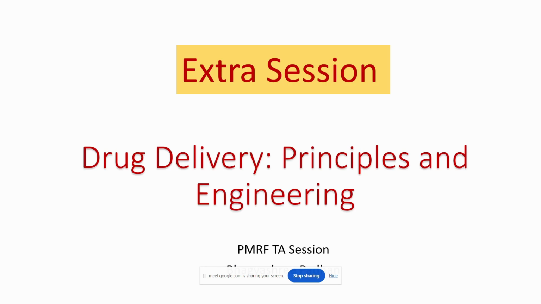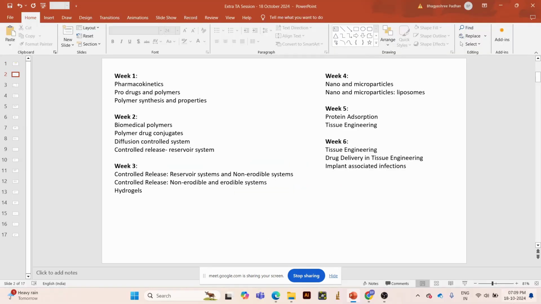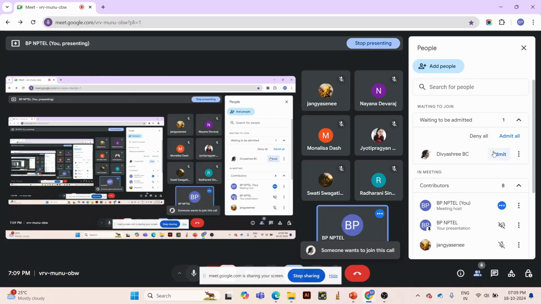Hello everyone. This is the final extra session for drug delivery principles and engineering. Throughout the course, these were the topics covered in the first week: pharmacokinetics, prodrugs and polymers, how the polymer is synthesized, their properties, molecular weight, and how we can determine all of those things.